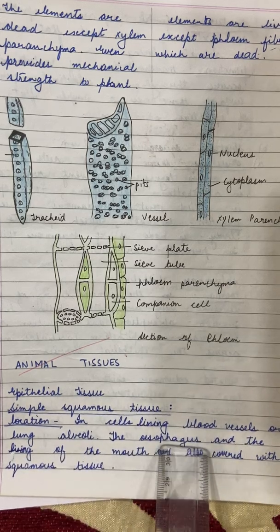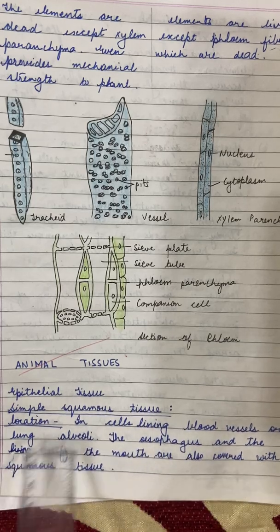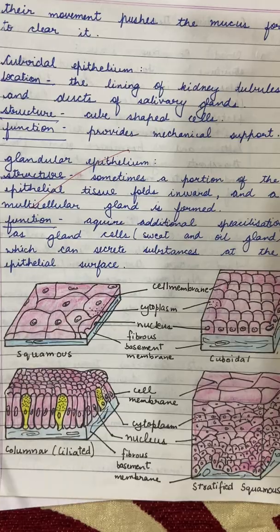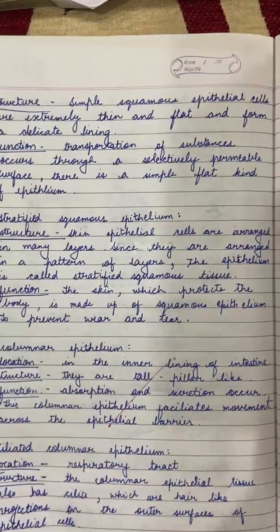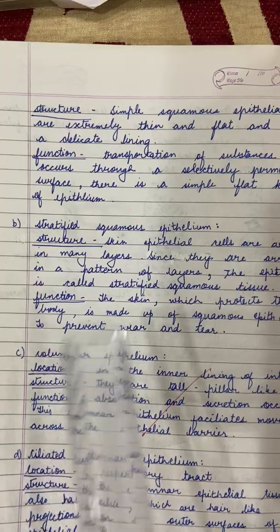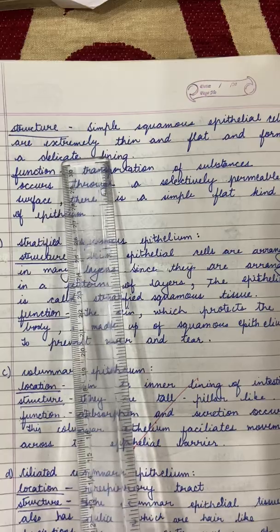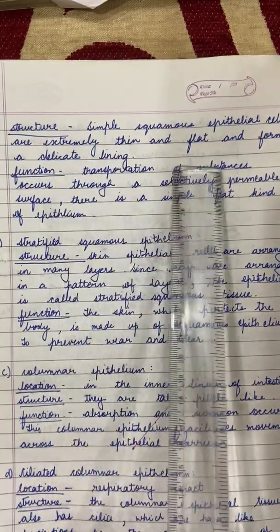So this is present in the blood vessels and the lung alveoli. Also, the esophagus, that is the food pipe, and the lining of the mouth also are covered with the simple squamous tissue. Then, talking about the structure of the cells of this tissue, the cells of this tissue are extremely thin and flat, and they form a delicate lining, right?